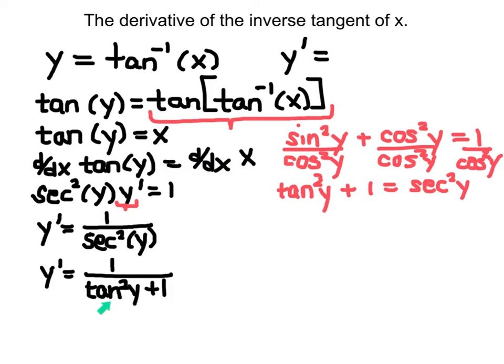So I can replace the tangent of y here with x and make this an x squared because it's squared, and I get 1 over x squared plus 1. And here I have the derivative of the inverse tangent of x, which is 1 over x squared plus 1. That's the derivative of the inverse tangent of x.